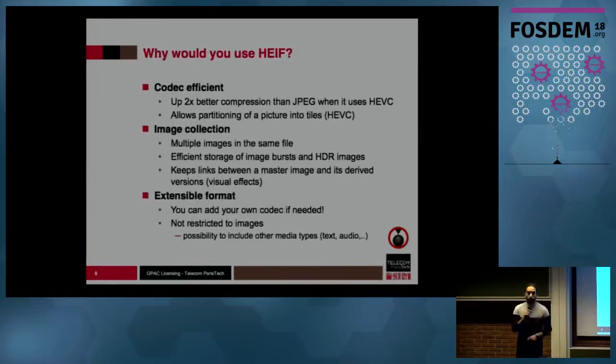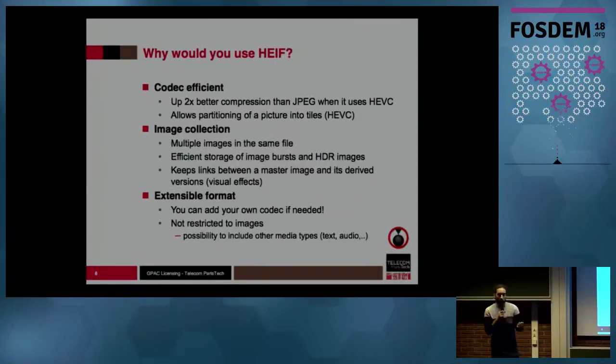So why would you use HEIF? In terms of coding, it's two times better compression than JPEG when it uses HEVC, and it allows the partitioning of a picture into tiles. We also have multiple images in the same file. It's efficient in terms of storage of image bursts and HDR images.